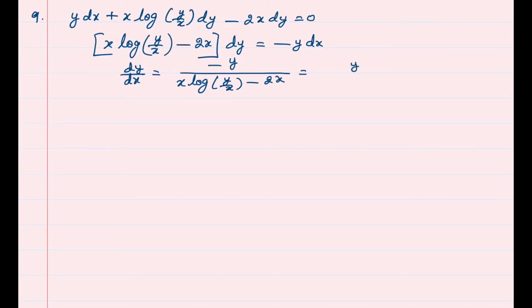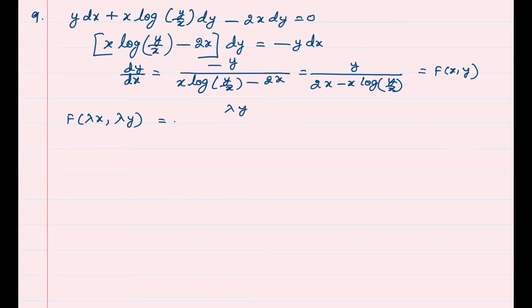We will take the negative sign to the denominator. We get 2x minus x log of y by x. We will take this as f of x, y. Let us find f of lambda x, lambda y, which is lambda y divided by 2 lambda x minus lambda x log of lambda y upon lambda x.